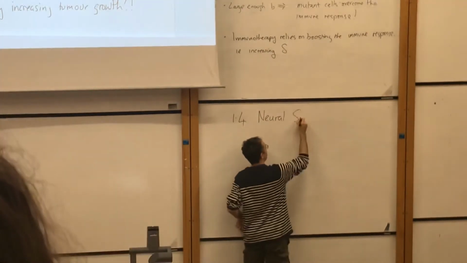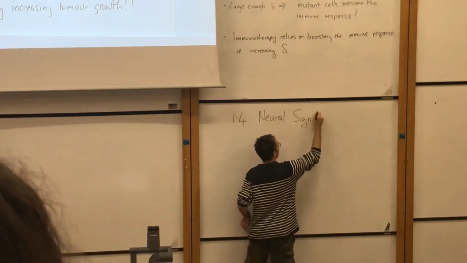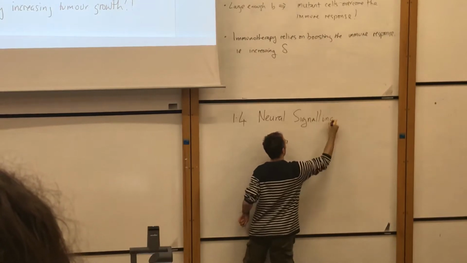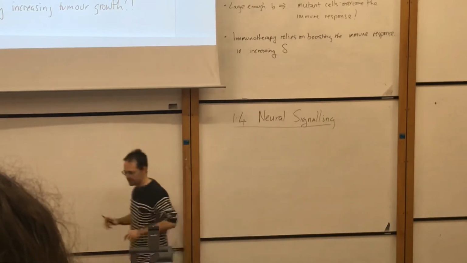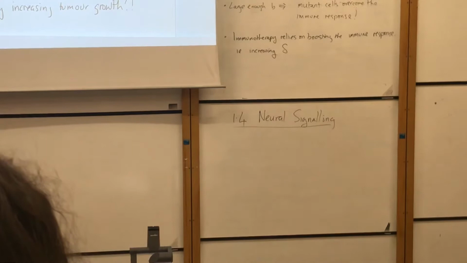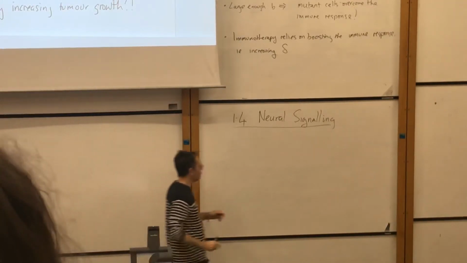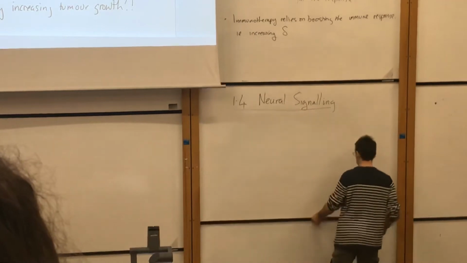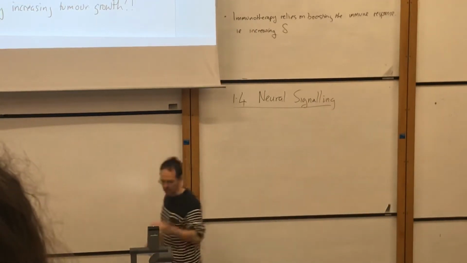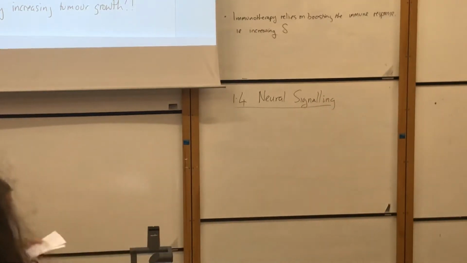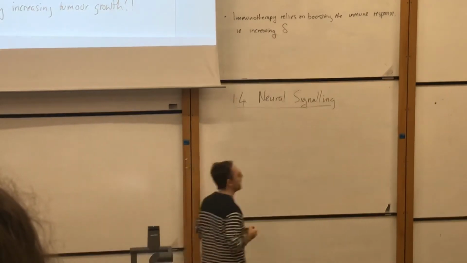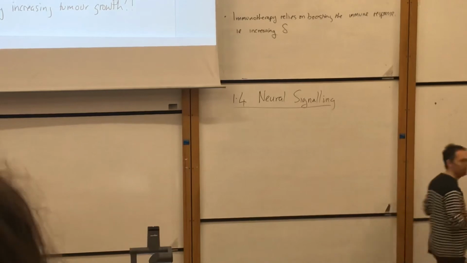So this is the last section where we're revising these techniques of stability analysis and phase plane analysis before we move on to chapter 2. And the final one, we're going to look at neural signaling. So what's the problem here? Well, this is another classic area of mathematical modelling in biology.